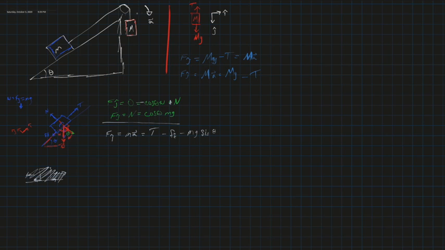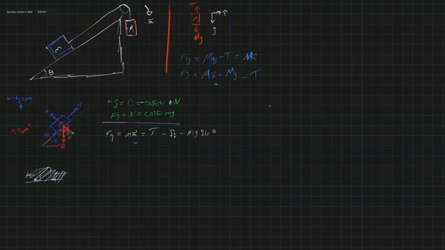We know that the acceleration of this entire system is uniform. So that means this A right here must equal this A. So even though these are different directions, we know this whole system's acceleration must equal this whole system's.